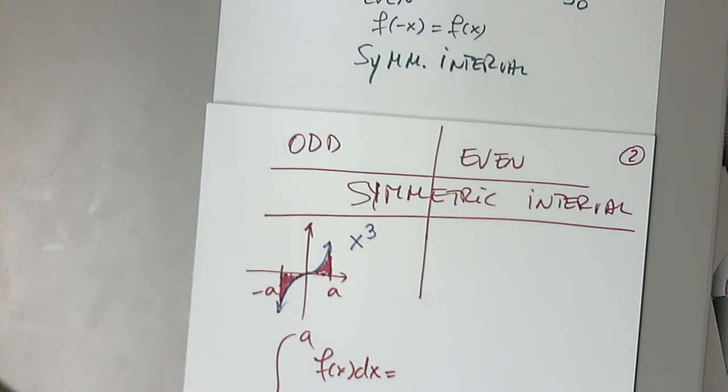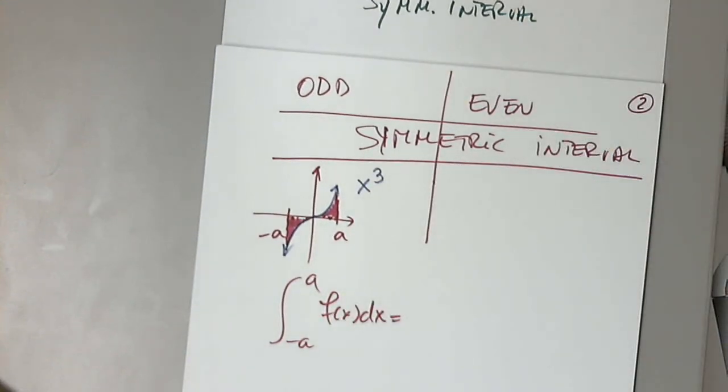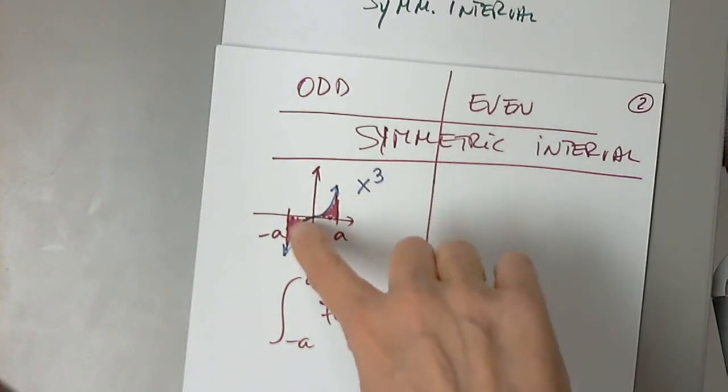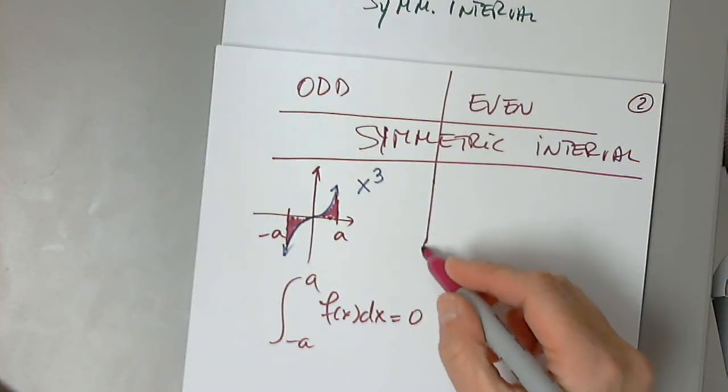Since the function is odd and the interval is symmetric, what is the answer? 0. Yes, because this area is positive, this area is negative, and they're equal. So the answer is indeed 0.